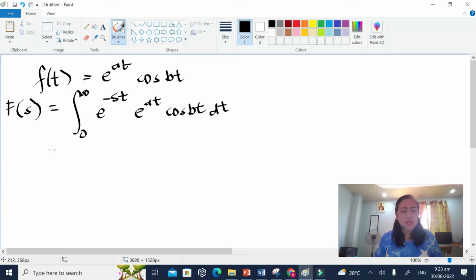Then in order to simplify this, we can combine these two by algebra. This will now be the integral of e to the negative (s minus a)t, cosine of bt dt.